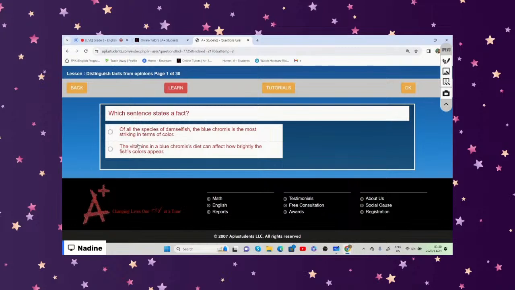Is it, of all the species of damselfish, the blue chromis is the most striking in terms of color, or the vitamins in a blue chromis diet can affect how brightly the fish's color appears?